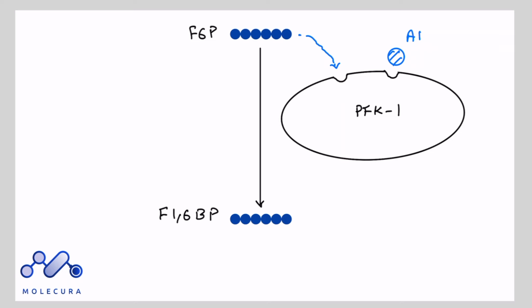And as we said in the video about ATP, ATP is almost always attached to magnesium or any cation with a 2+ charge. So these are the 2 active sites of phosphofructokinase.